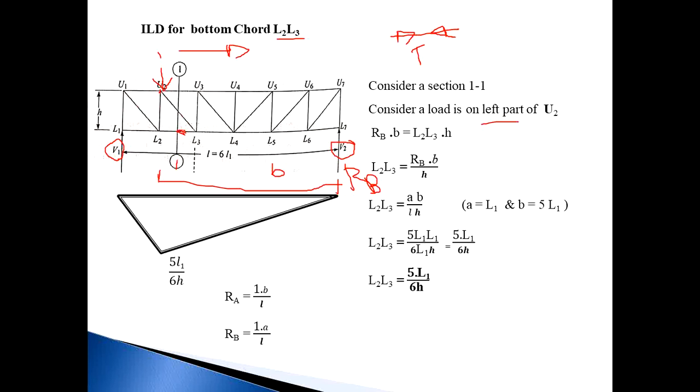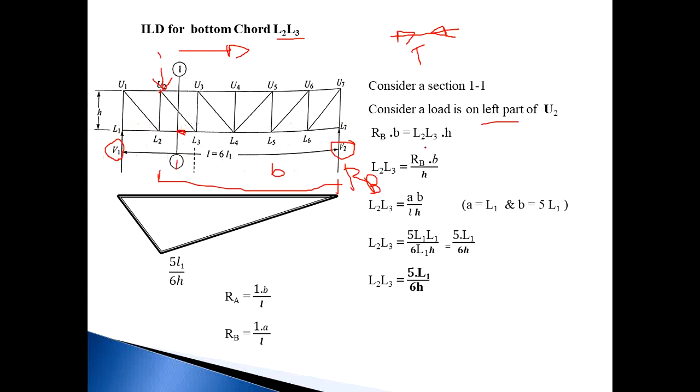So due to L2 L3, the moment with respect to U2 is clockwise, the force is that of member L2 L3 and the distance is h. So RB into B is equal to L2L3 into h.